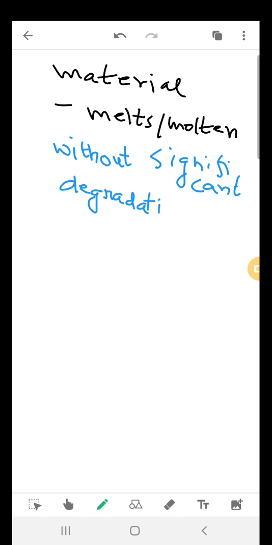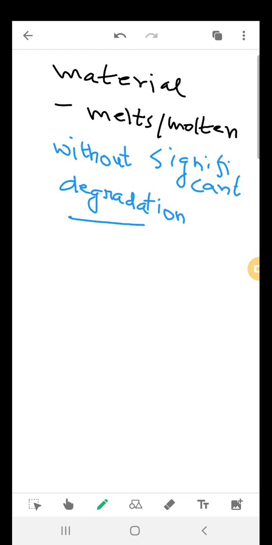Because if the material degrades, then the originality of the material is not there. Our main objective is to have a coating of only that material or the precursor material. So if there is degradation while heating, then the precursor material is not in its original form.